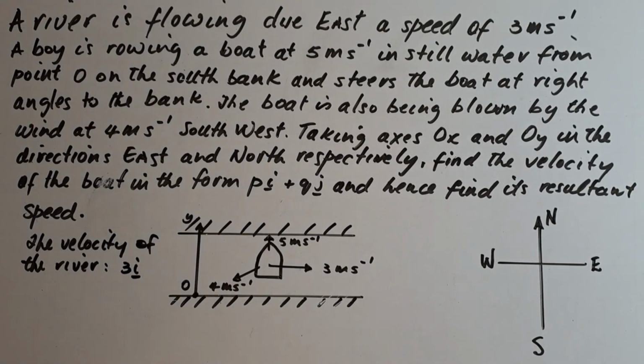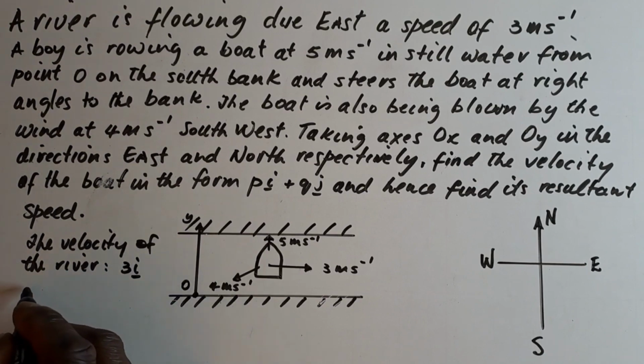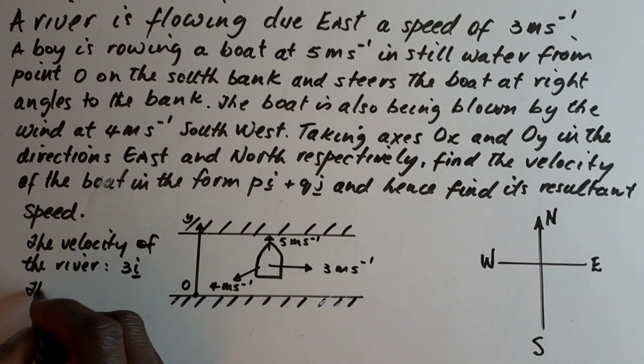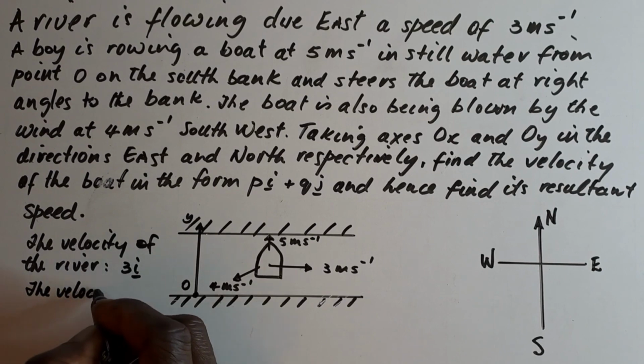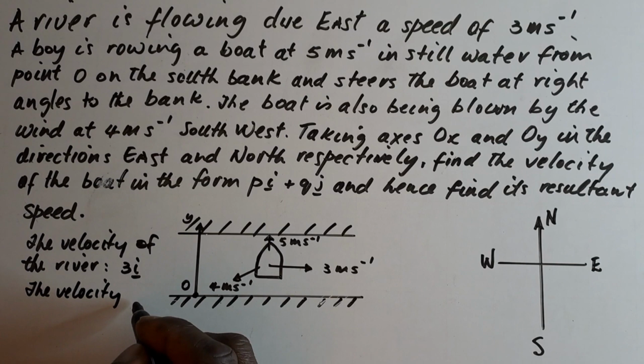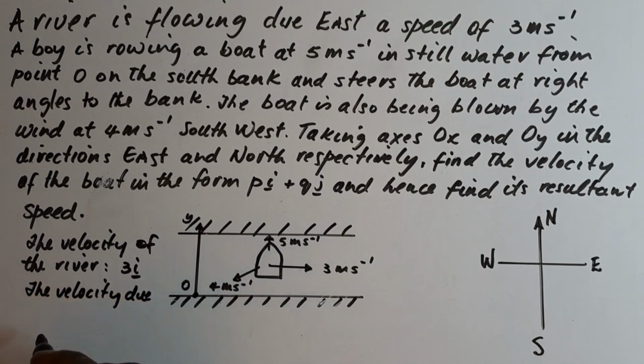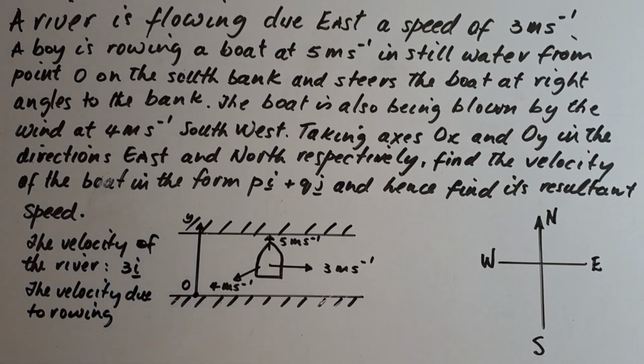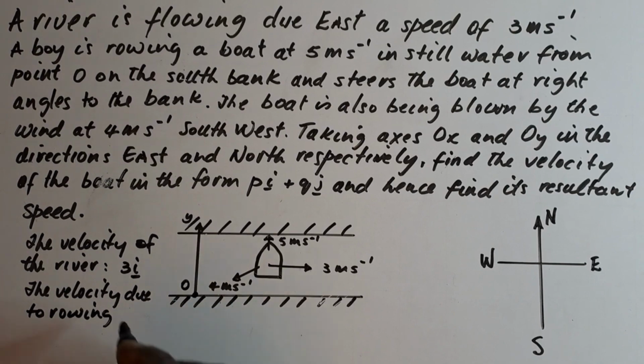Next, we have the velocity due to rowing, and we're given that as 5 meters per second in still water from point O on the south bank, and it's steered at right angles to the bank. So that's going north, and we can write that due to rowing is 5j.